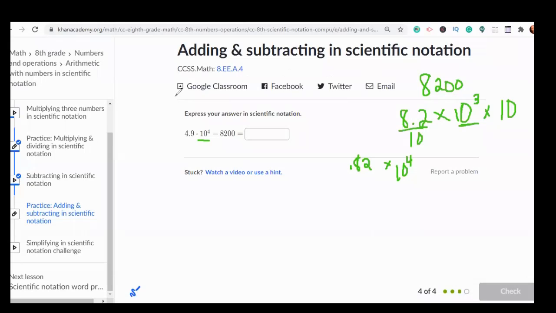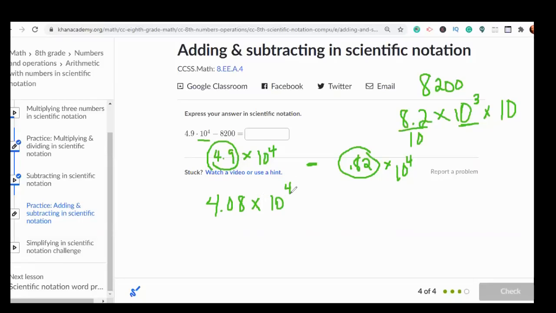So we have 0.82 times 10 to the 4th, and over here 4.9 times 10 to the 4th, and this time we are subtracting. Now that the powers of 10 are the same, all we need to do is subtract the 4.9 and the 0.82. So we end up with 4.08 times 10 to the 4th power.